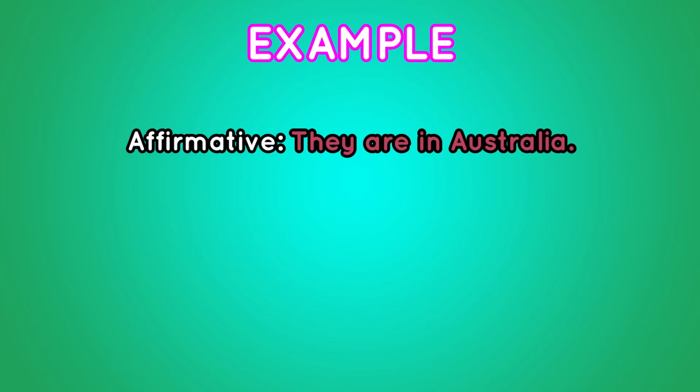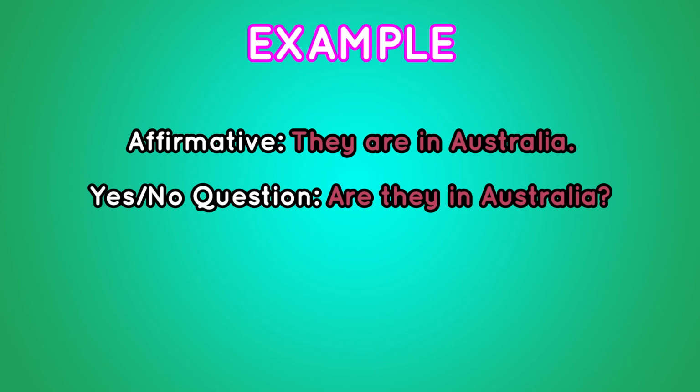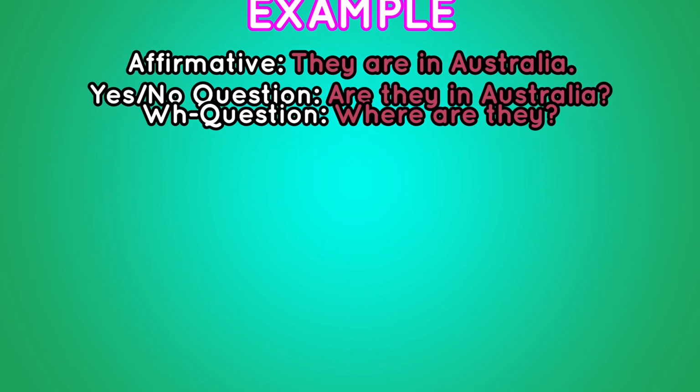And if we want to make a yes/no question, we can ask, are they in Australia? And if we want to ask for information, we can use the WH word where. Where are they? They are in Australia. That is the information that we want to know.